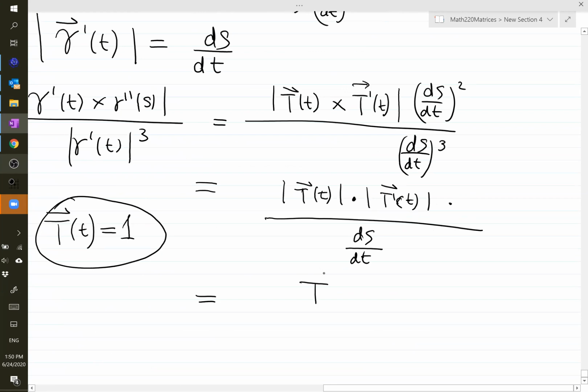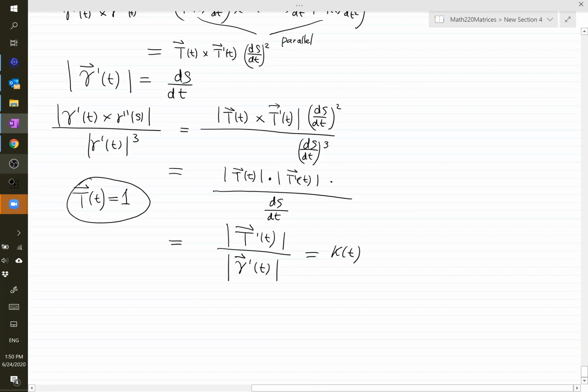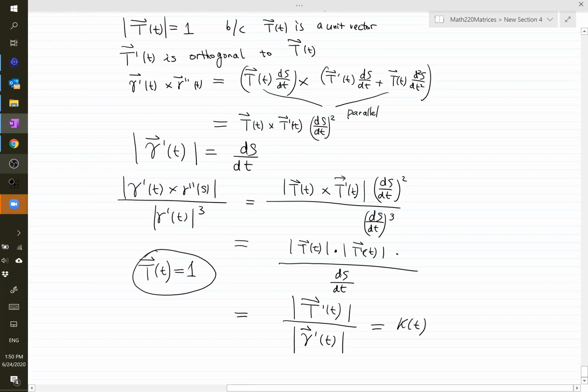So we get the capital T derivative norm over ds over dt. Remember, ds over dt is exactly our derivative. So this is exactly the definition of curvature.